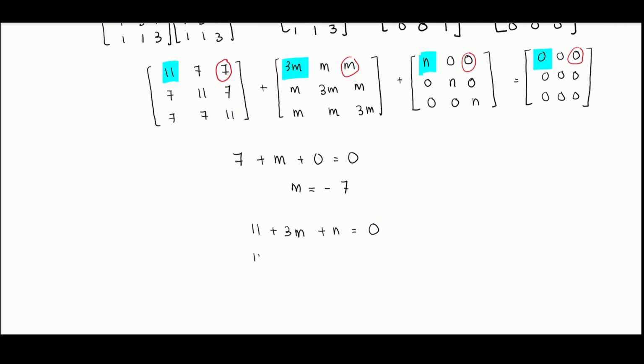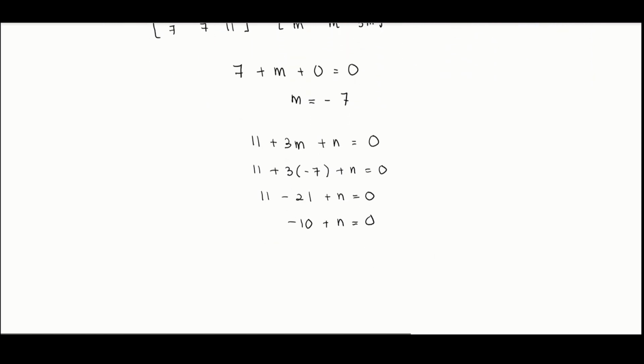So 11 minus 21 plus n equals 0. This is negative 10 plus n equals 0, so n equals 10. So there we have it, m equals negative 7 and n equals 10. That finishes the first part of the question.